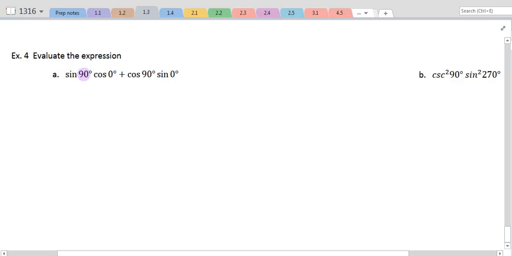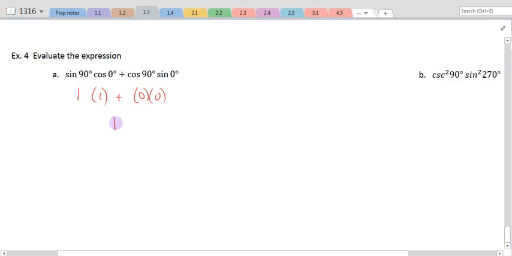So the sine of 90, in case you don't remember, is 1. The cosine of 0 is 1. And I'm going to add that to the cosine of 90, which is 0. And I multiply that times the sine of 0, which is also 0. And therefore this is 1 plus 0, or 1.